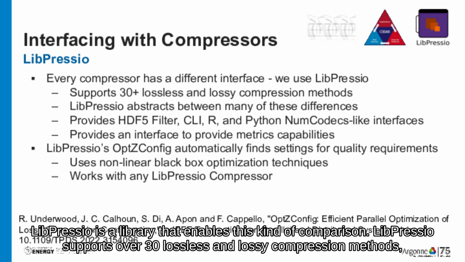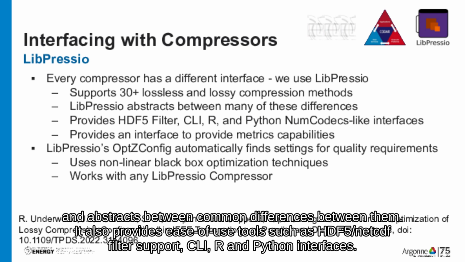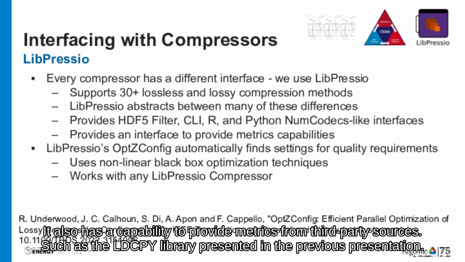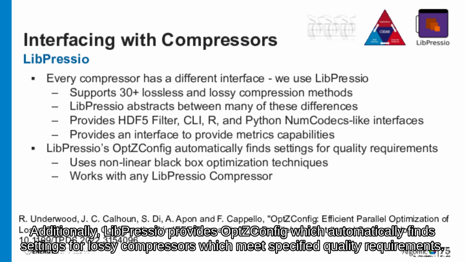LibPressio is a library that enables this kind of comparison. LibPressio provides over 30 lossless and lossy compression methods, and abstracts between common differences between them. It provides ease-of-use tools such as HDF5 filter support, CLI, R, and Python interfaces. It also has a capability to provide metrics from third-party sources, such as the LDCPY library presented in the previous presentation.